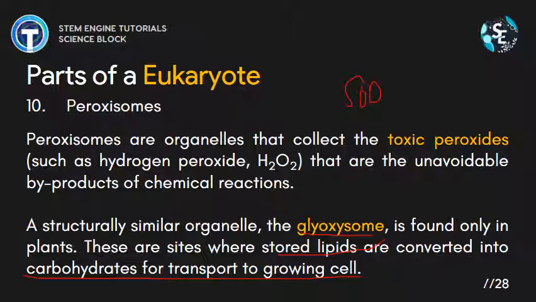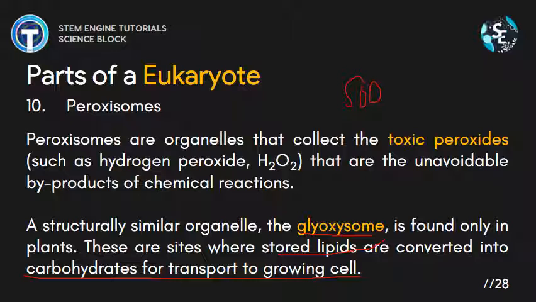And isa pa sa mga toxic peroxides na nililinis ni peroxisomes, example nito is yung SOD, the superoxide dismutase, which causes enzymatic browning on plants and causes the rapid aging of skin cells naman sa humans.